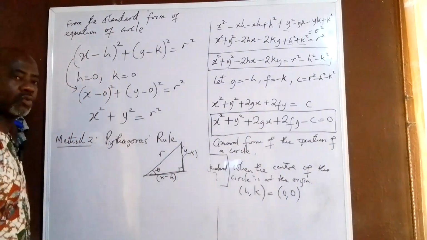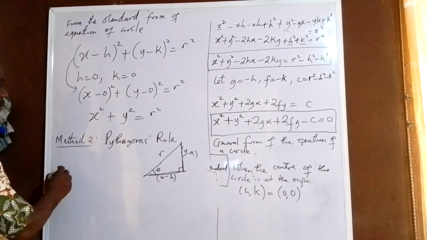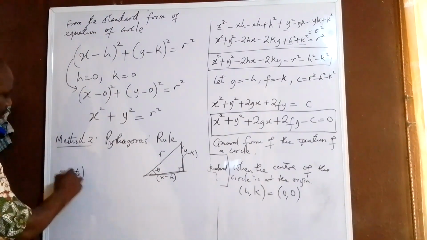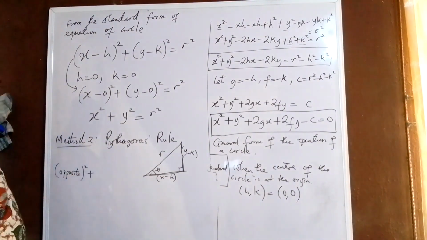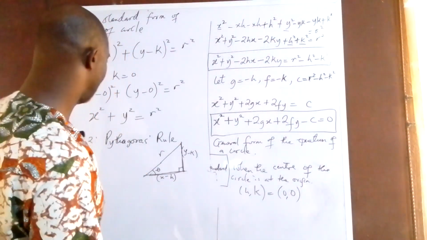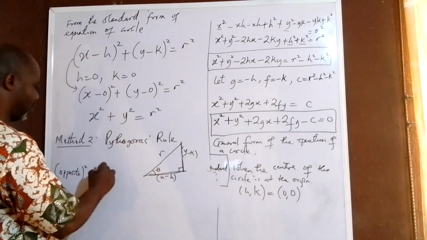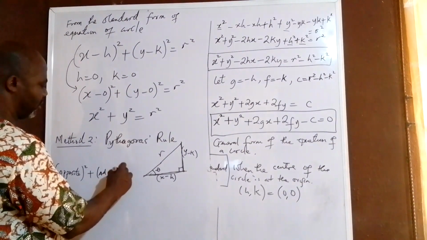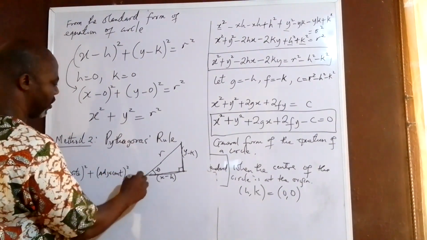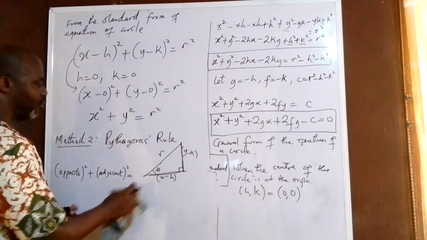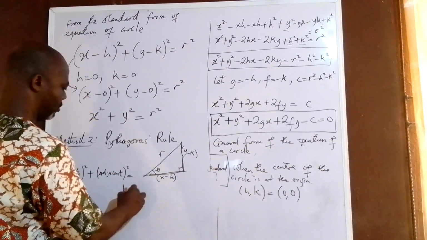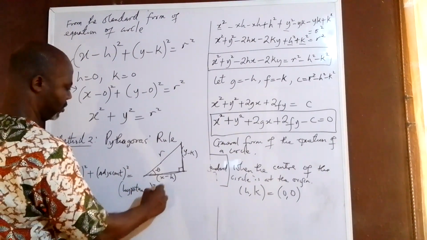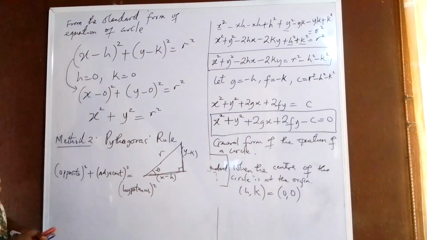So the Pythagoras rule states that the opposite squared plus the adjacent squared will give us the hypotenuse squared.